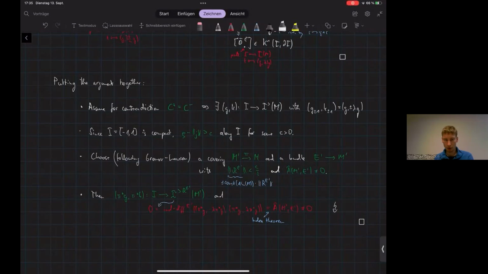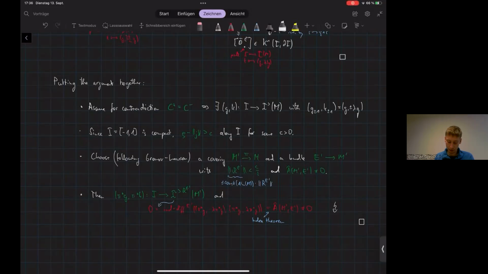So now we can do the following. We can take this path of initial data sets and pull it back via this covering map. So like this, we get a path of initial data sets, but it's not only a path in the space of initial data on M tilde, but it's also a path of initial data that satisfy this very strict dominant energy condition with respect to this curvature endomorphism.